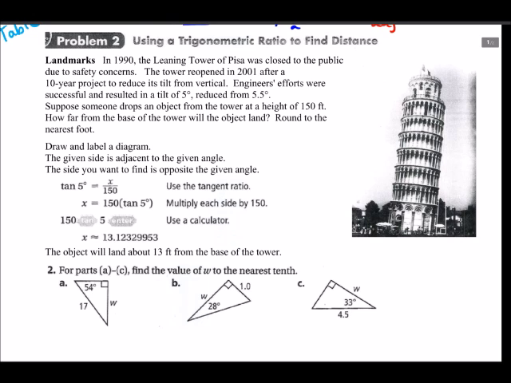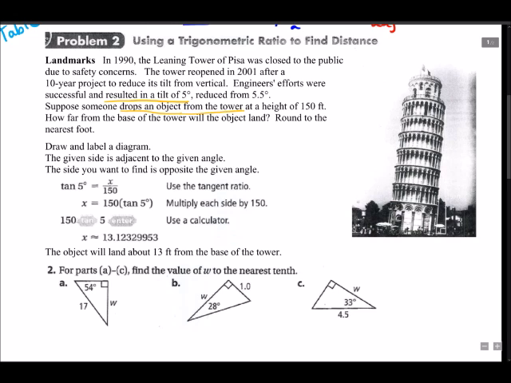So the engineers went in and kind of pushed it back up a little bit, and they were able to reduce its tilt from 5.5 degrees to about 5 degrees. You wouldn't think that half a degree was a lot, but it was. And so it says, someone drops an object from the tower. Don't try this at home.